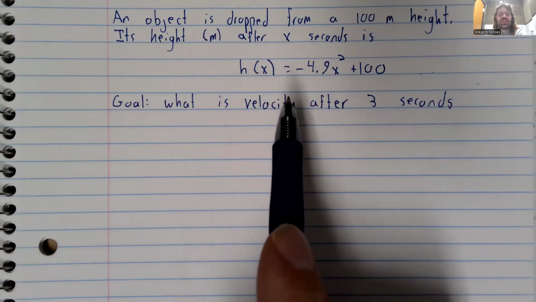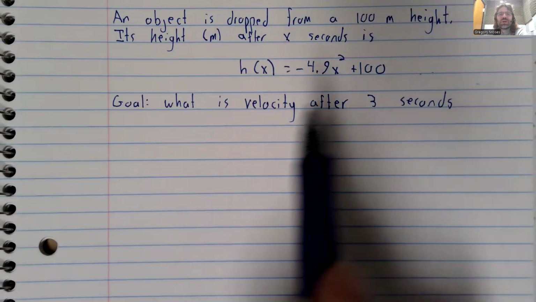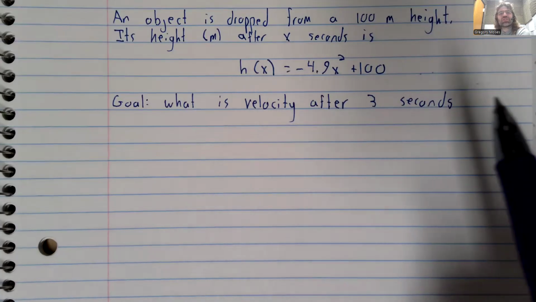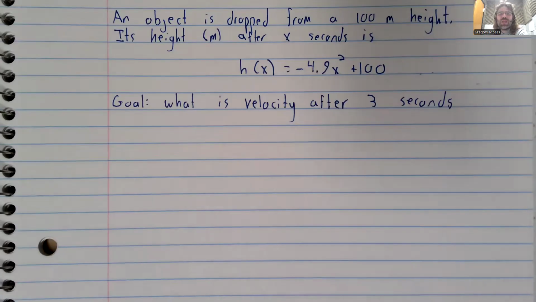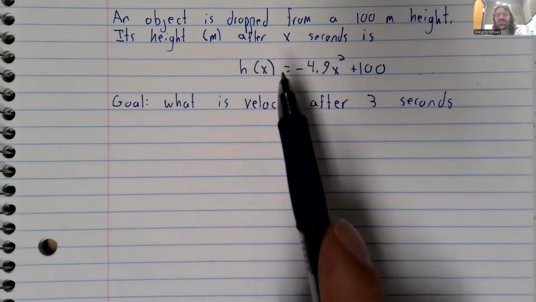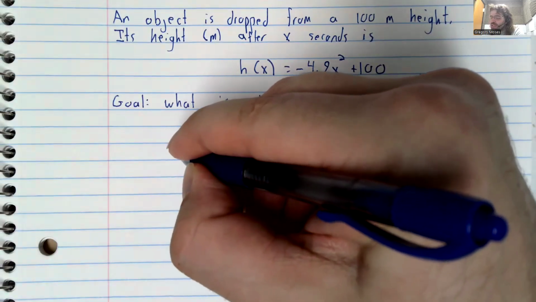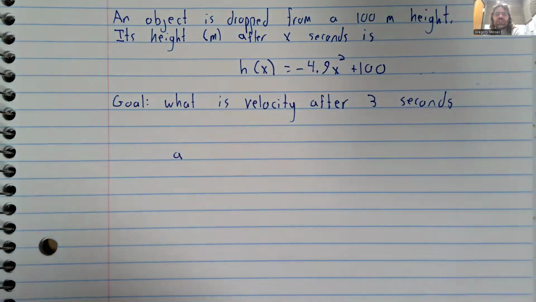But in a previous video, well, I guess I should say we may have seen, since these are optional and supplementary, but we may have seen a relationship between height and velocity in terms of the average rate of change.